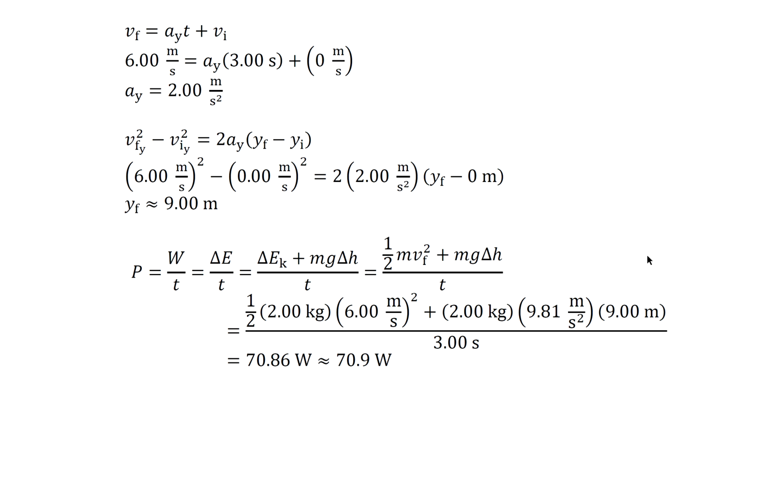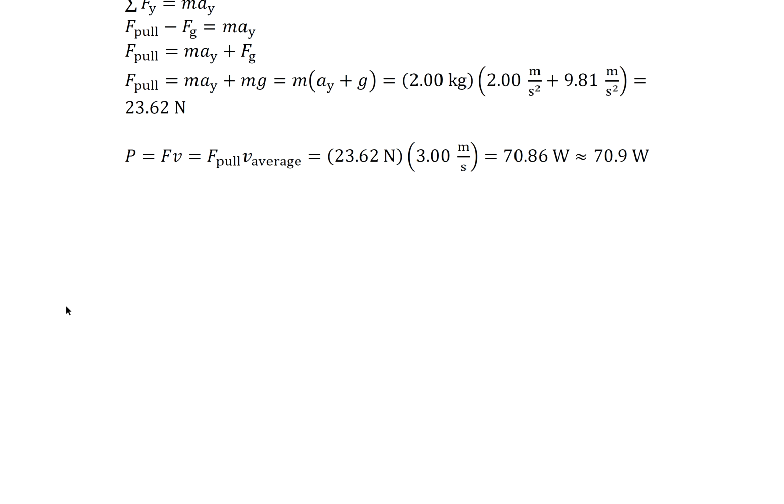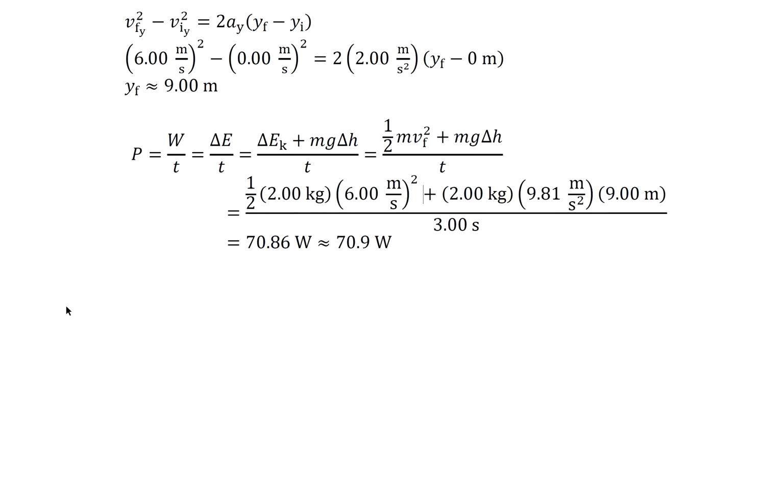So delta H is this, and we know 1/2 mv final squared. And we're going to get the same solution from method 1 and method 2.